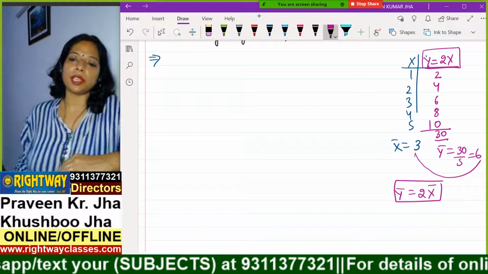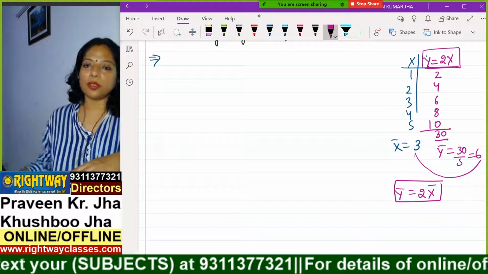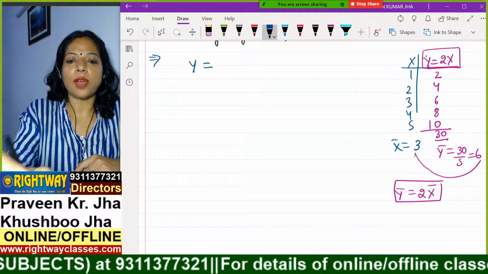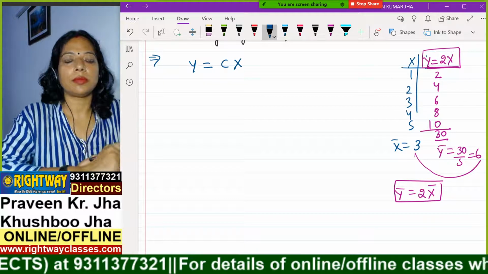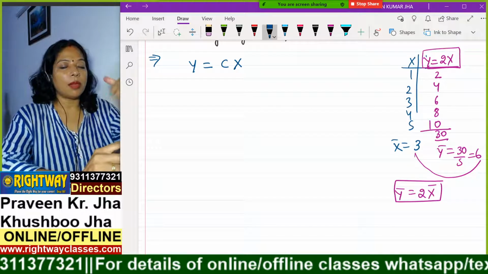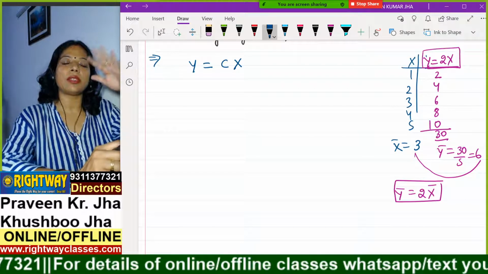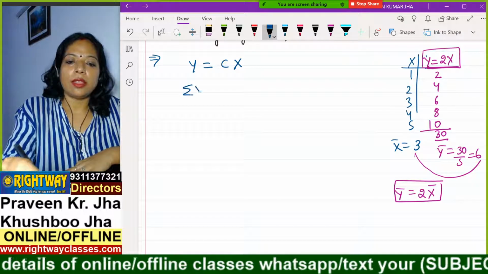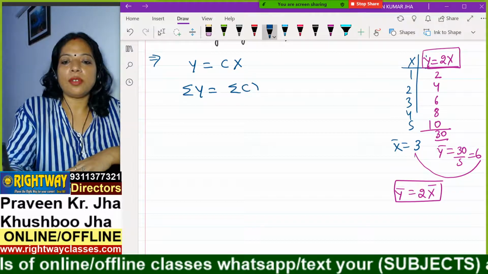This is the verification, but we have to focus on the proof. So here is the proof. Let y is equal to cx, where c may be greater than 1 or less than 1, any value. Then summation y will be equal to summation of cx.